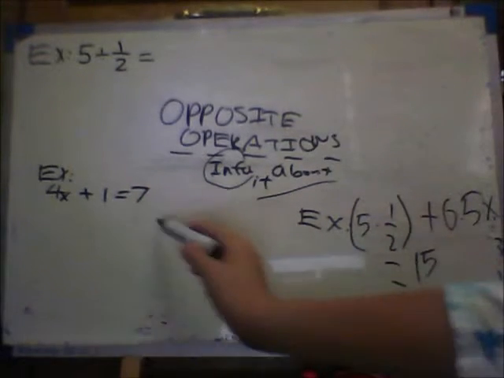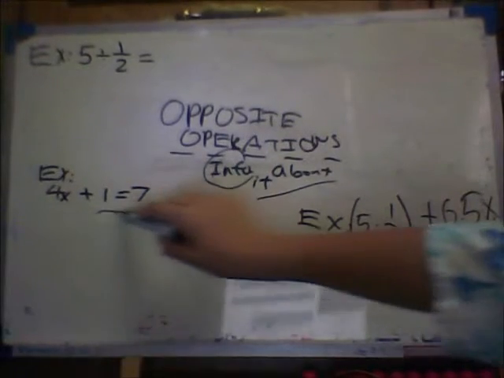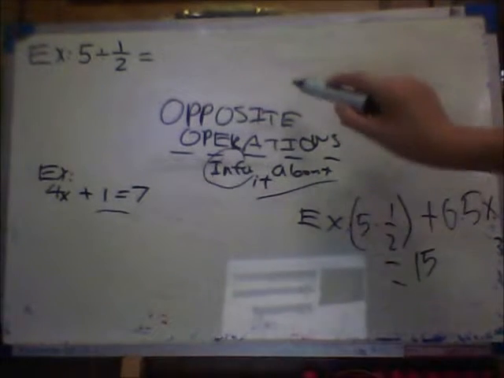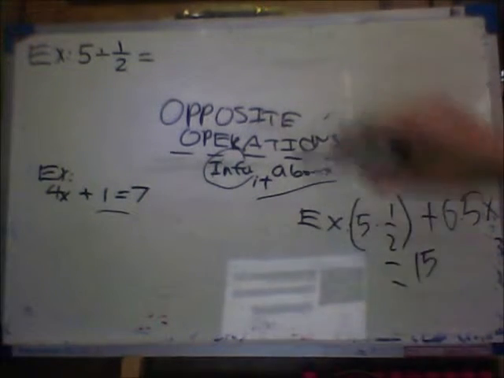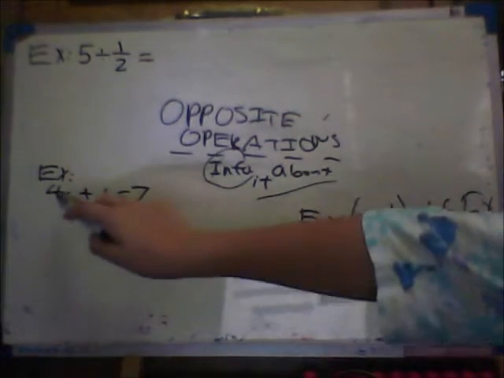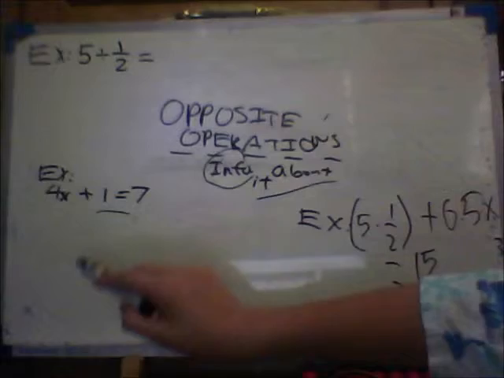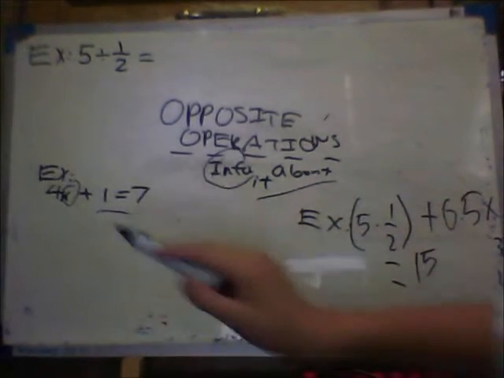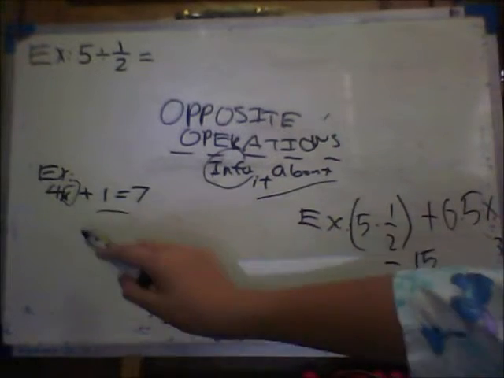4x plus 1 equals 7, and we have to use opposite operations. The idea is to use the information we know to find what x is and solve the equation. In this equation, x is the variable.